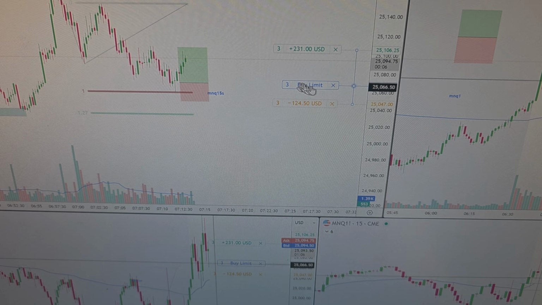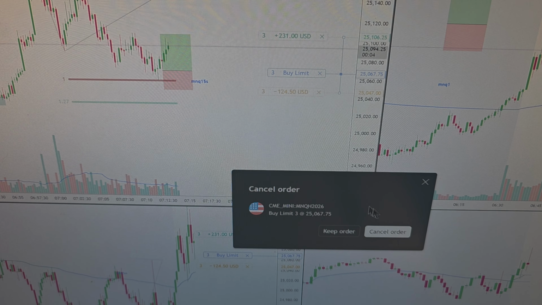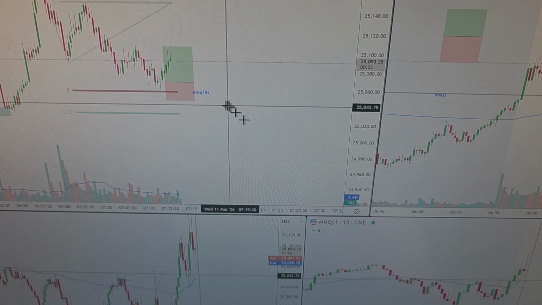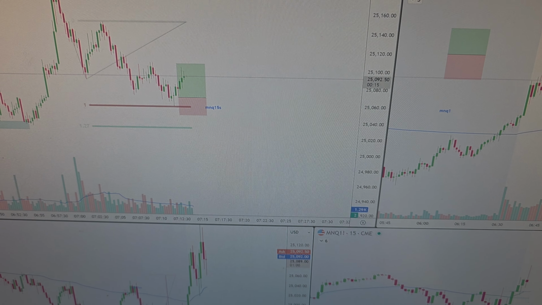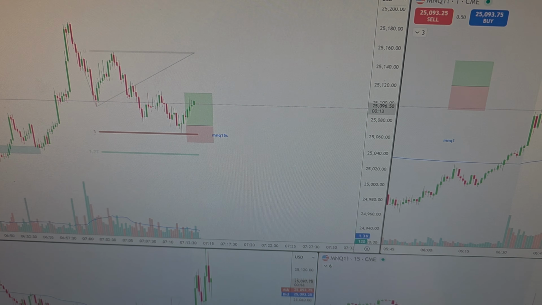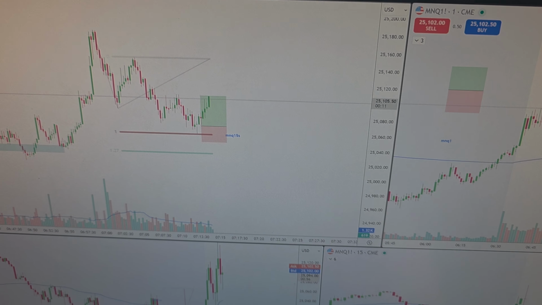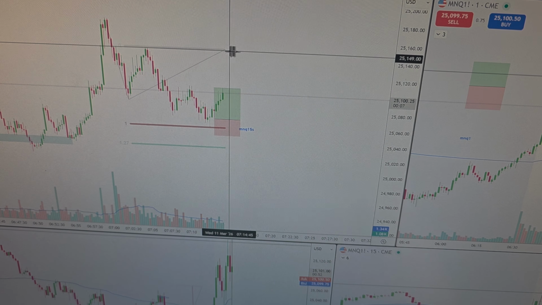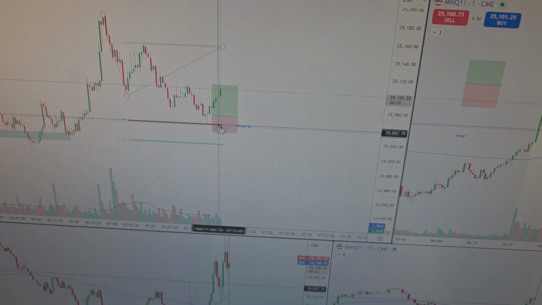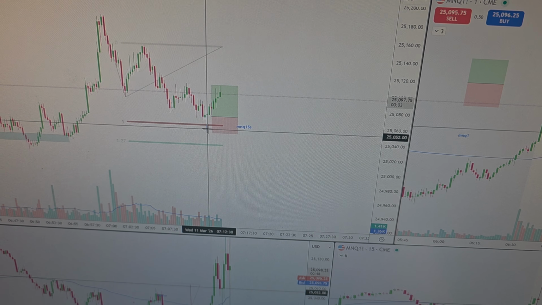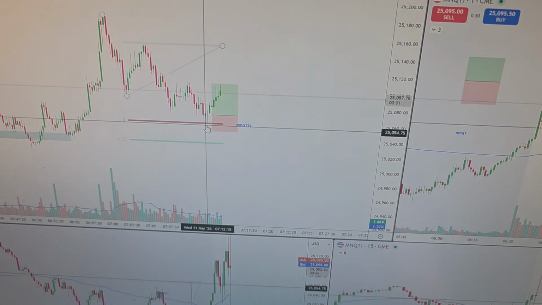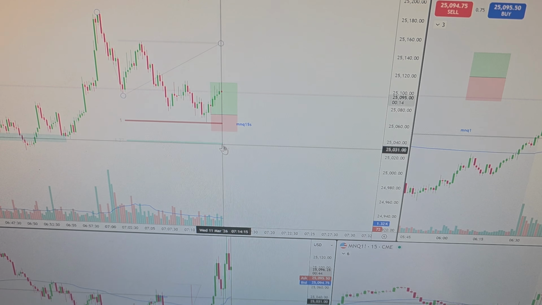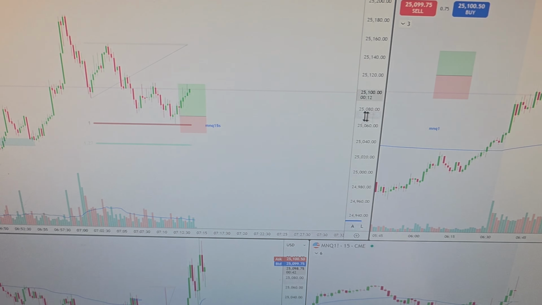I didn't get tagged in, so I take this off. So here we have symmetry, just as I thought. Right here, from here to here to here, this leg and this leg, and bounce right at symmetry. That's, at this point, that's not even really a surprise, is it?